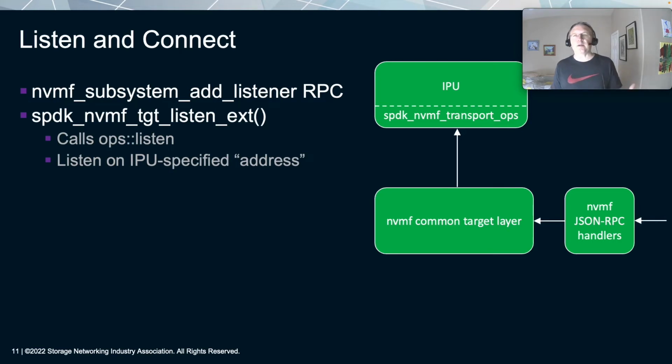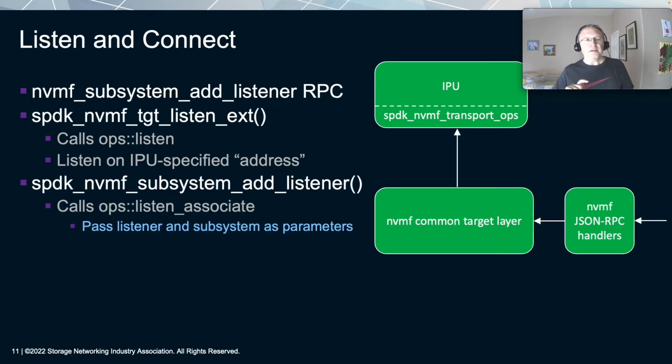So the first thing we have to do is set up the listener. There could be a lot of cases where you want to use the same IP address and port for multiple subsystems. So the first thing we do is ask, are we already listening for connections on this address? If we are, that's great. If not, we create a new listener.